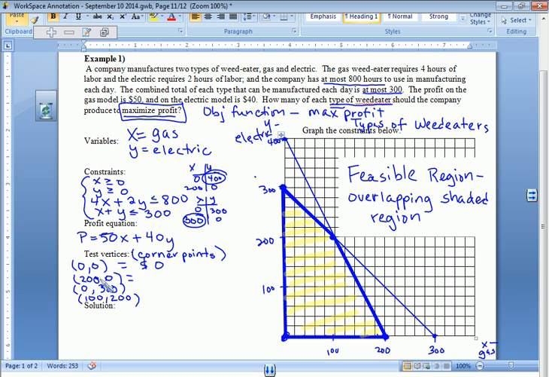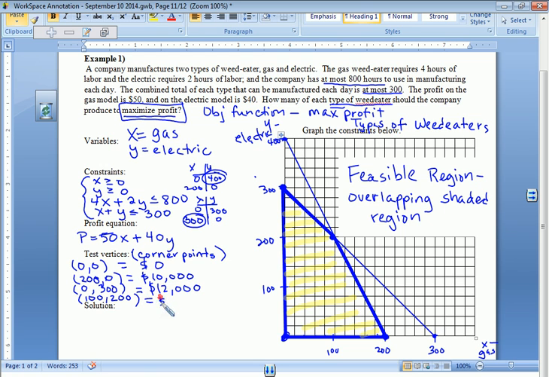Okay, but if we produce 200 of the gas model, by plugging in 200, do you notice that I would make $10,000? Not bad. But if I produce 300 of the electric models, now I'm up to $12,000, because 300 times 40 is 12,000.